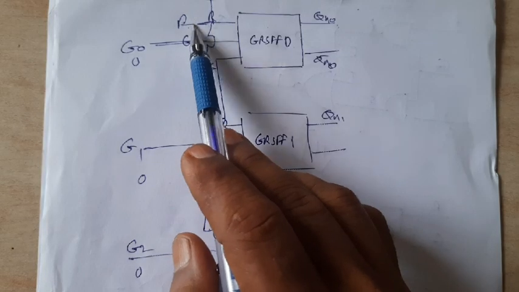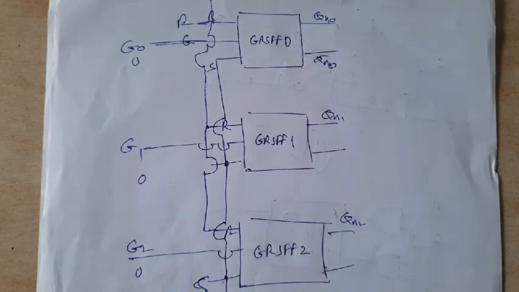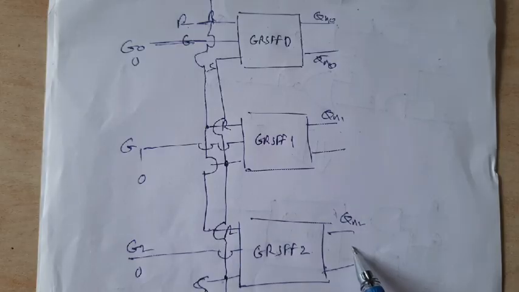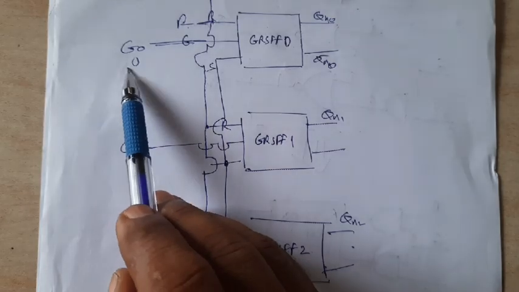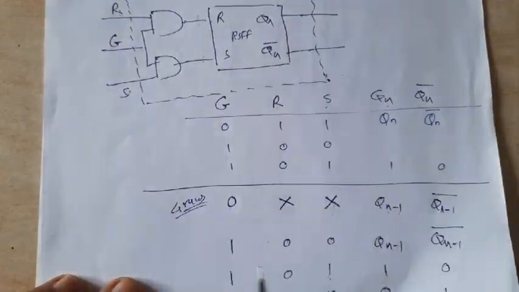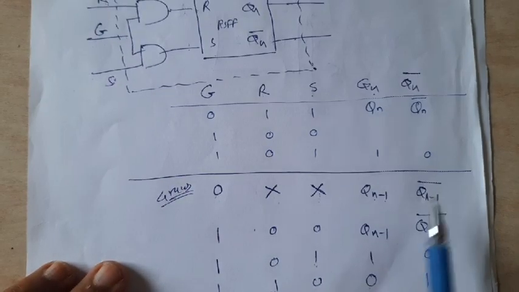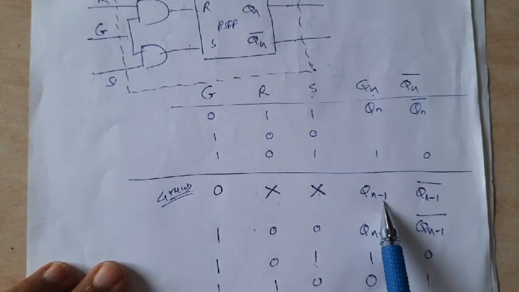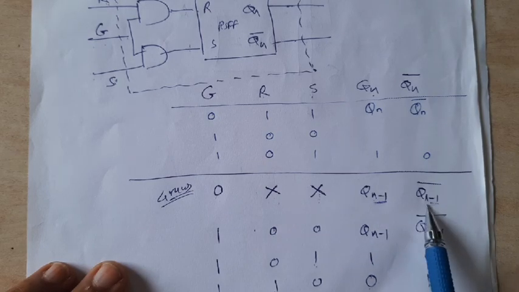If I change the value of R and S, will there be any change in these outputs? Answer is no. Why? Because gate input of every flip-flop is 0, and we have observed if gate is 0, then for any value of R and S, the output remains as it is, Qn minus 1.